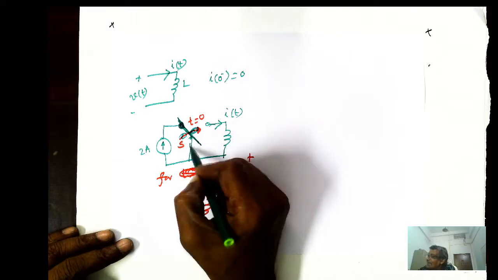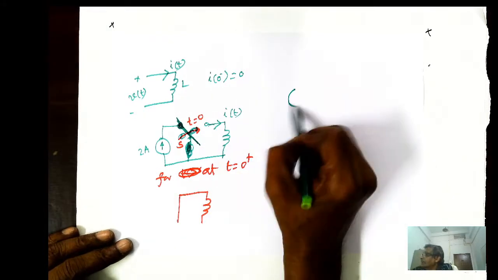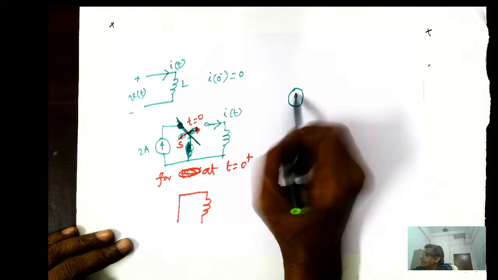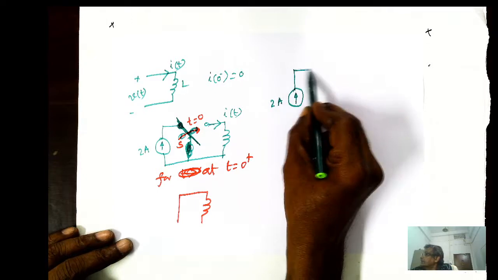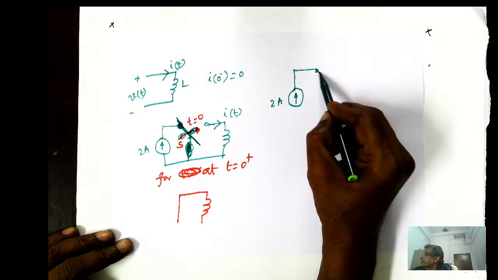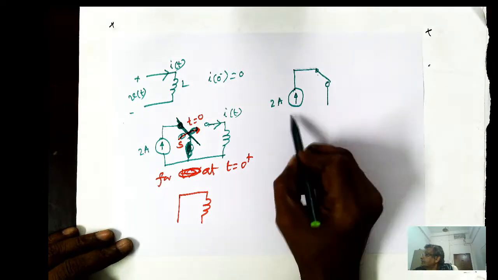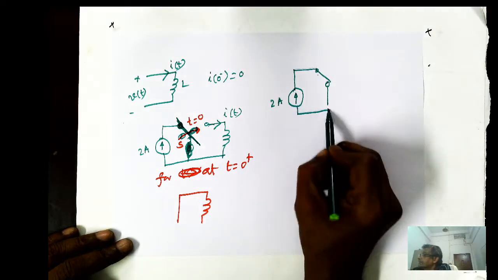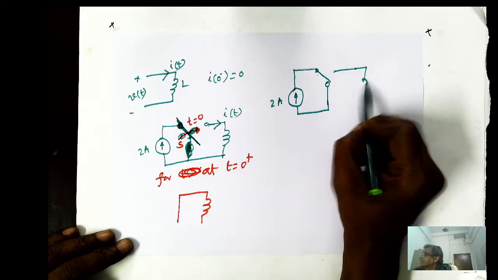And I will draw it fresh. So what I mean to say, this was the switch. This was the terminal. This way I should draw. There was some mistake here. And this is the inductor. Clear?